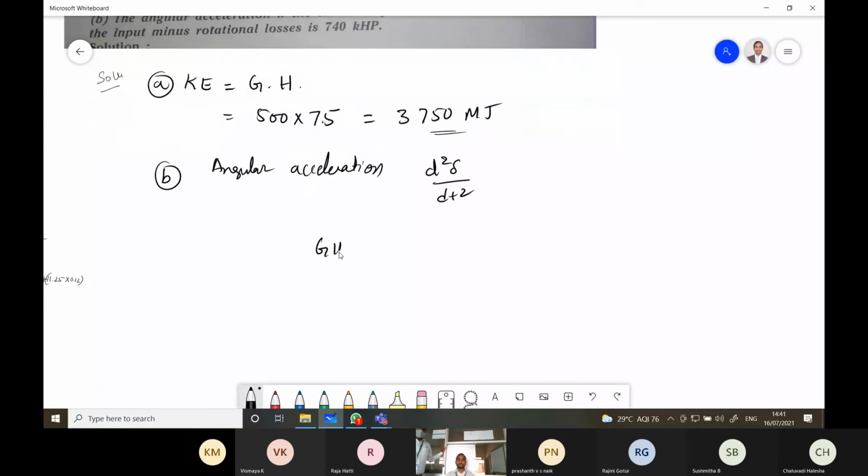That is G by H into 180 f multiplied by d square delta by dt square is equal to Pm minus Pe. Pm minus Pe is also called the accelerating power Pa. What is your mechanical power Pm and what is your electrical power Pe? That is given in the problem.